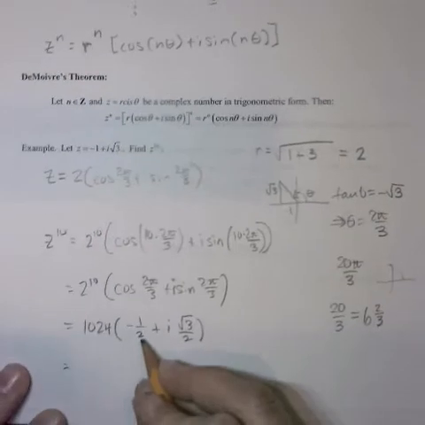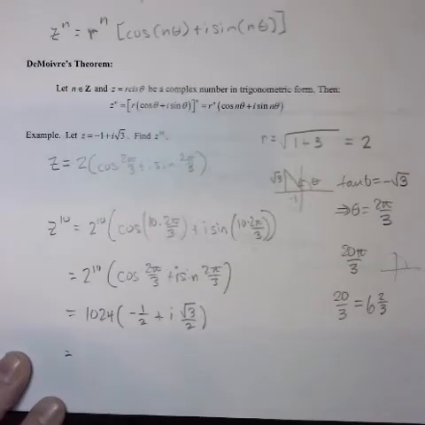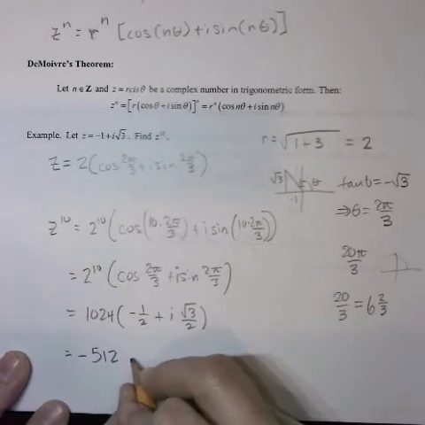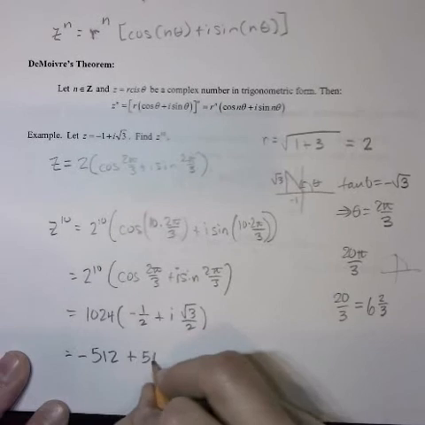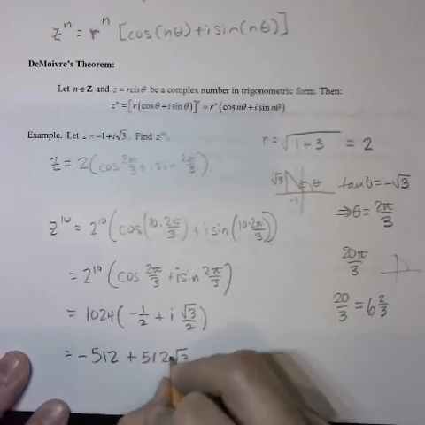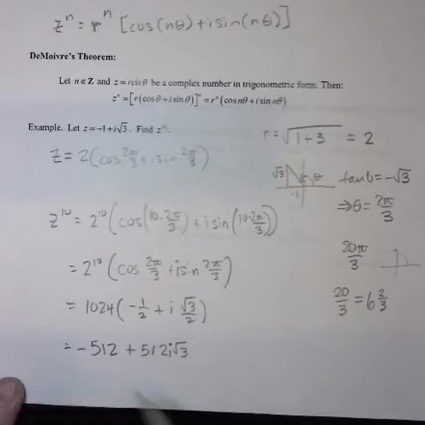So 2 goes into there 512 times, negative 512 plus 512 square root of 3 i. I'll put the i here so it doesn't look like it's under the radical.